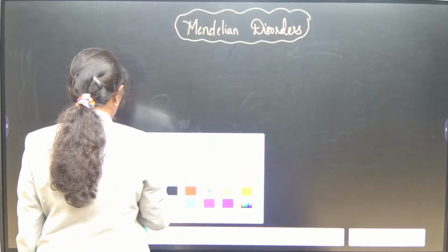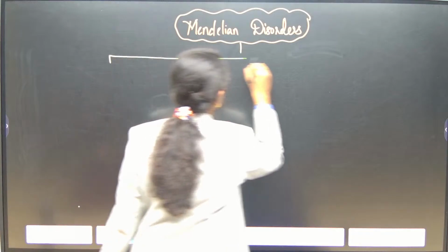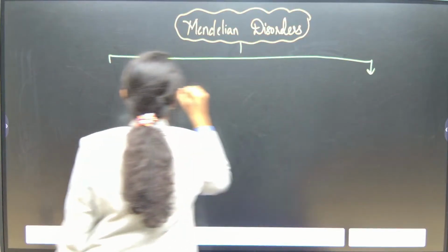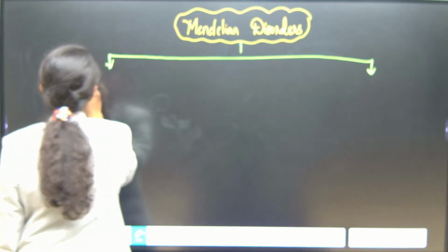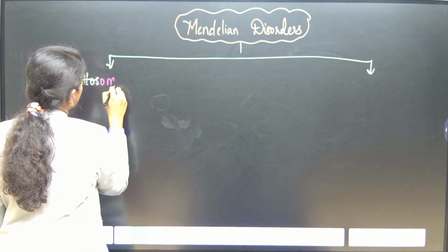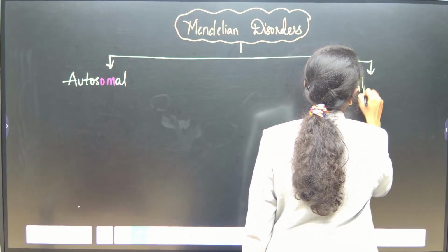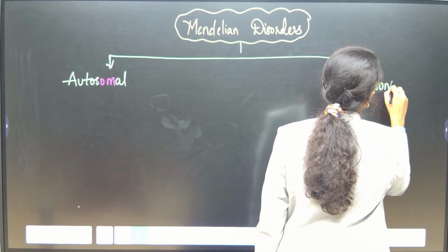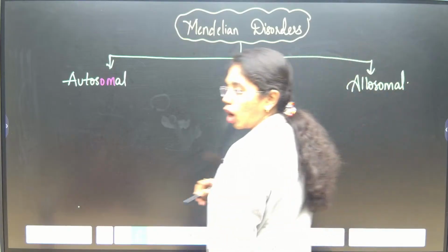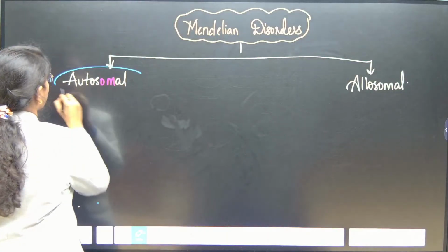This can be autosomal or allosomal. Autosomal again can be dominant or recessive.